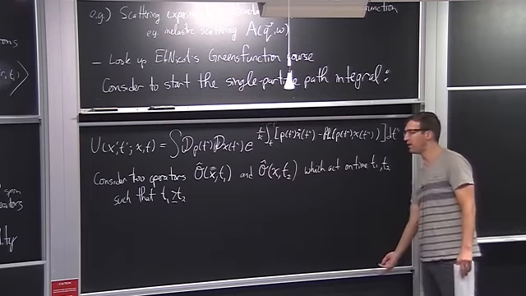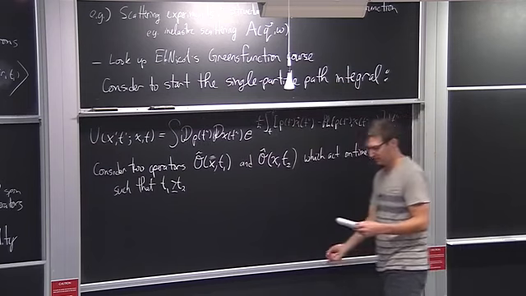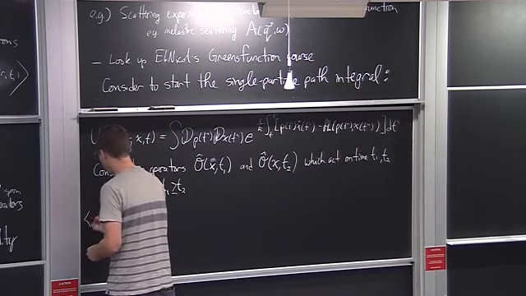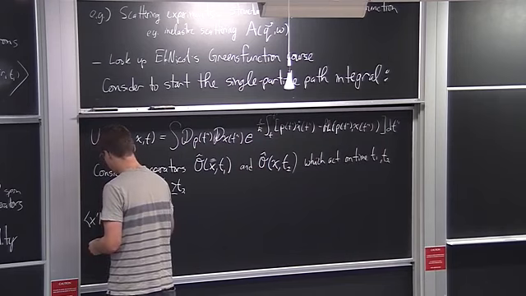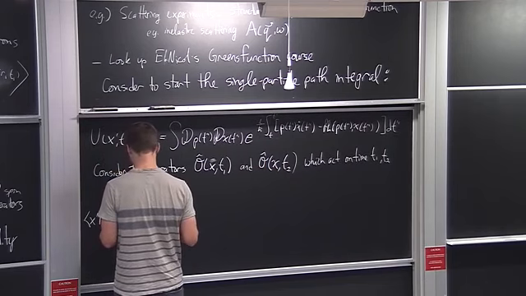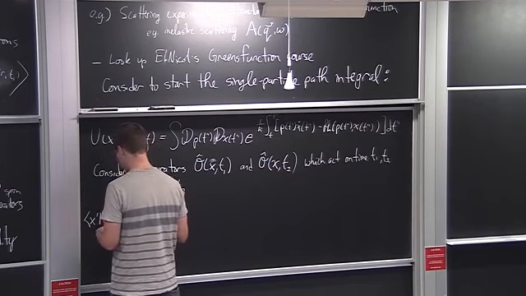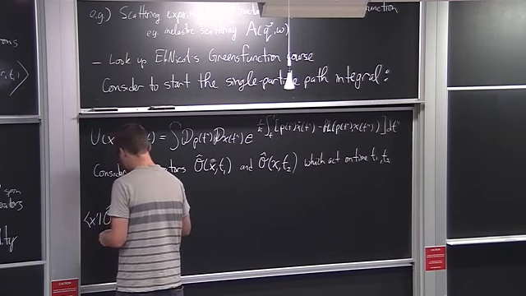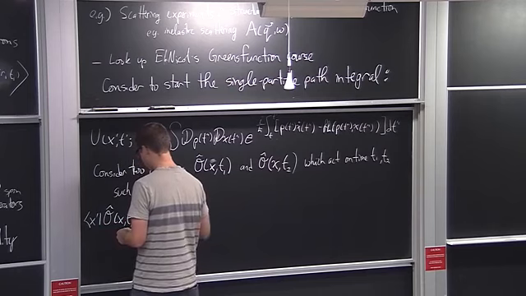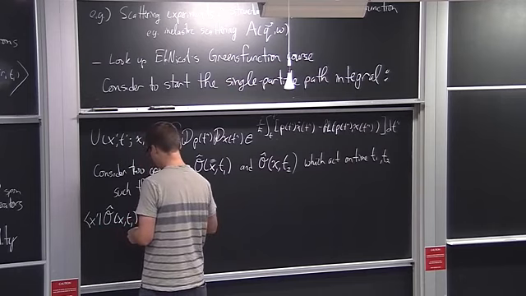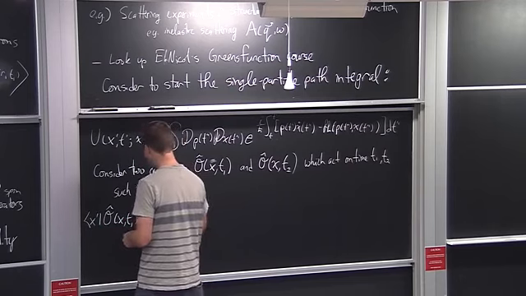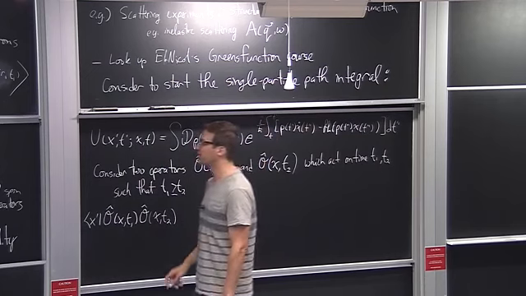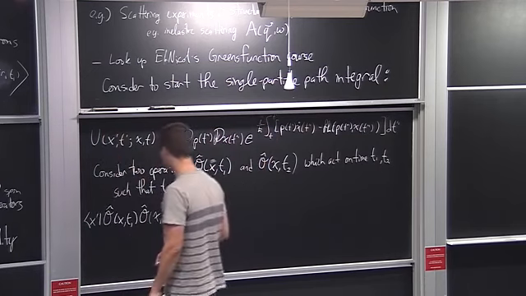So if I insert these in the path integral, then let's just look at the matrix element. Okay, let's look at the expectation value of the operator. These are still operators. I'm constructing something like this expectation value.